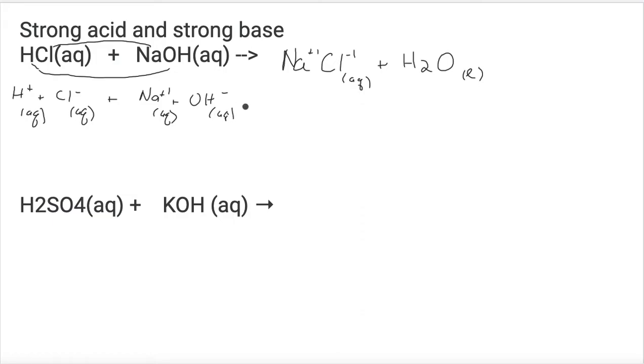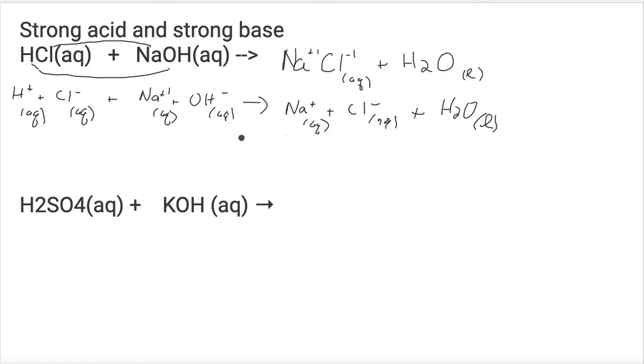Now this salt here, NaCl, is AQ, so it would break down into the ions that make it. They're both AQ. And water does not break apart because it's not AQ. It's a liquid, so keep it together. Only break apart things that are AQ.